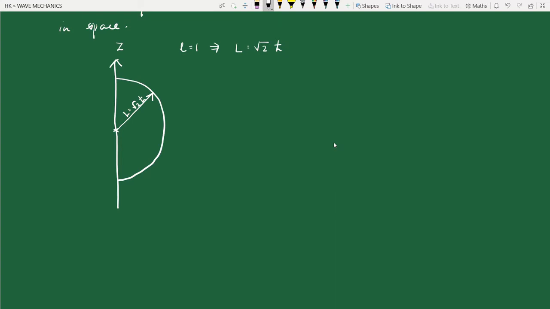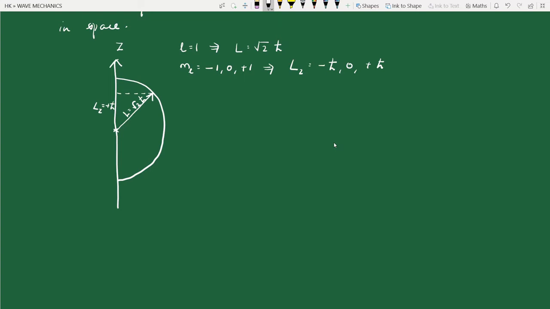And small l equal to 1 means ml can have values minus 1, 0, plus 1, which implies Lz can have values minus h cross, 0, plus h cross. So for this particular vector L, in order to get Lz, let us take this projection. Here Lz is equal to plus h cross.